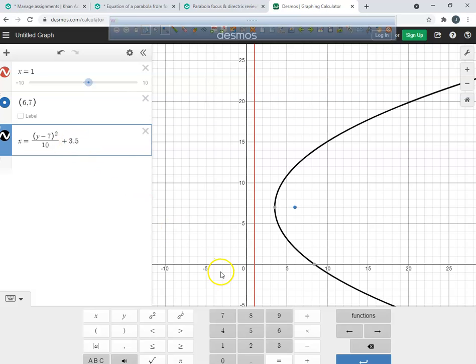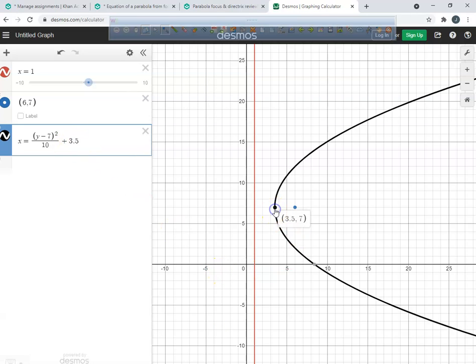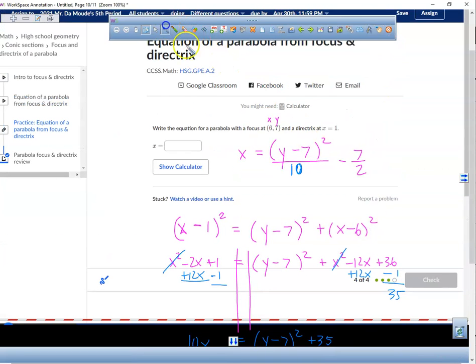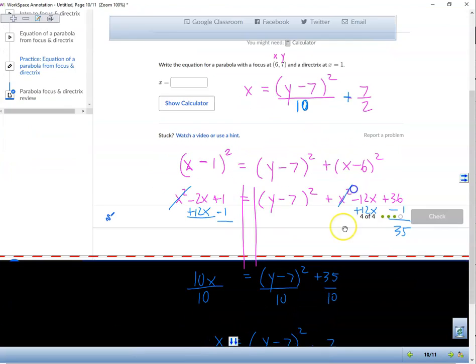That's supposed to be a plus 3.5, which is right there. It's not minus 3.5. All right. Well, if I didn't check everything in Desmos, I would have gotten it wrong if I tried to do a shortcut. That was supposed to be a plus 7 over 2, but that's going to be the 10. So that's what I'm going to type in here, and I'll be done.